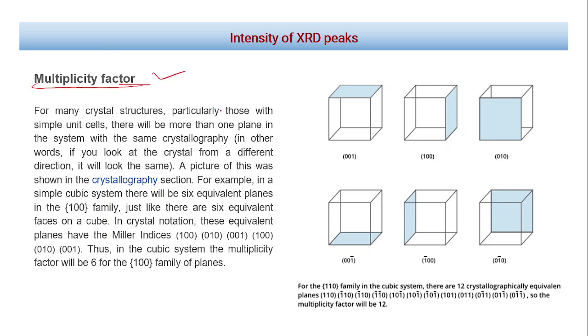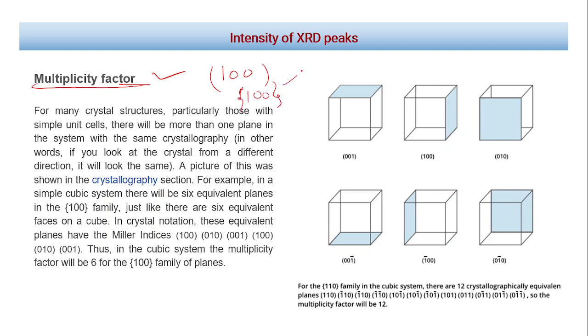What multiplicity factor means is that if I am taking a cubic crystal and I'm talking about X-ray diffraction from, say, the 100 plane, then we know the 100 plane, if it's a cubic crystal, will have a family of planes, which we denote using these brackets.